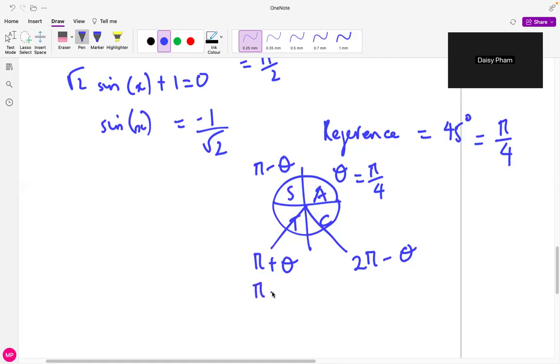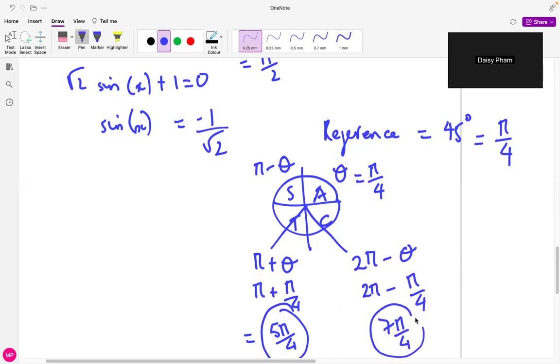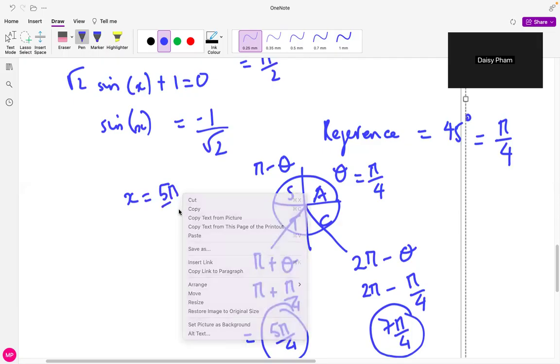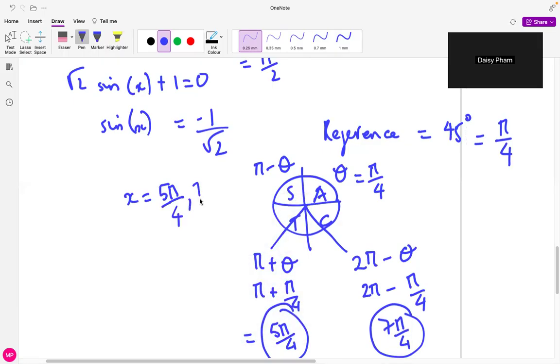So I have pi plus pi on 4, that gives me 5 pi on 4, which is one angle. And then I have 2 pi minus pi on 4, which gives me 7 pi on 4. Okay, so I'm going to have x here as 5 pi on 4 or 7 pi on 4.